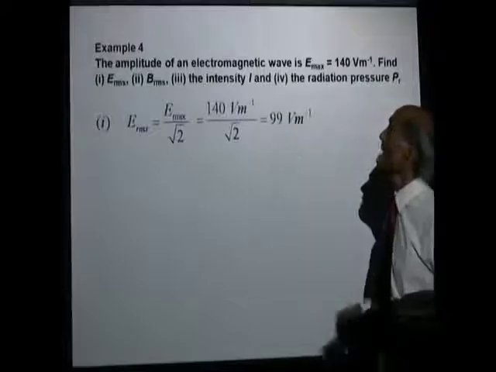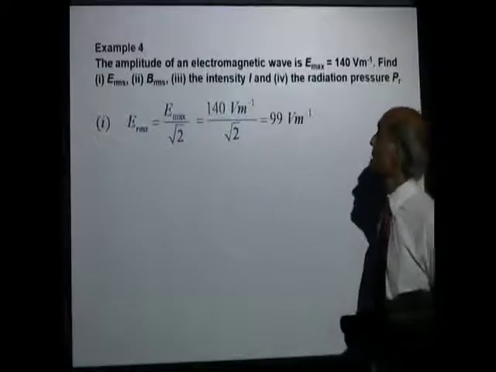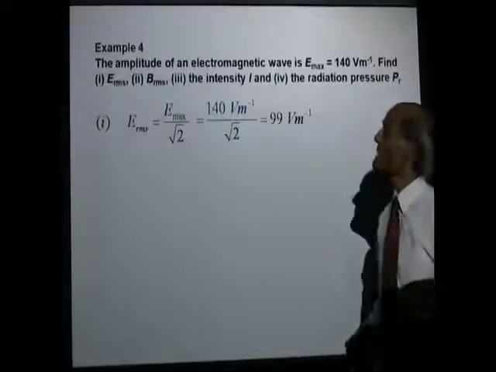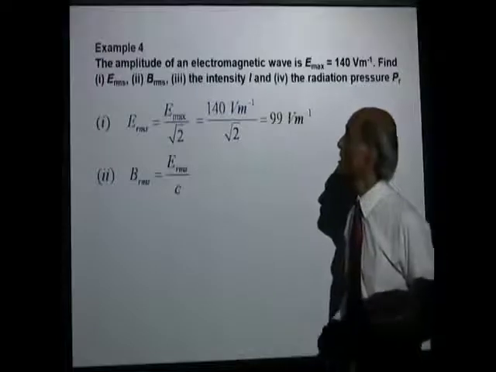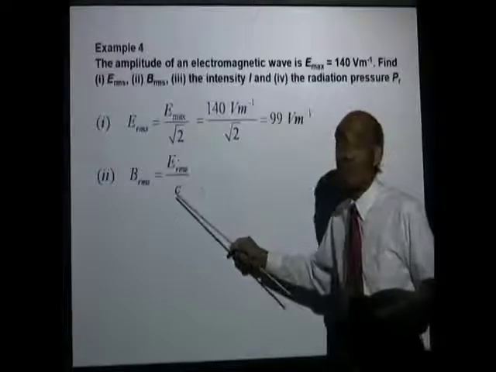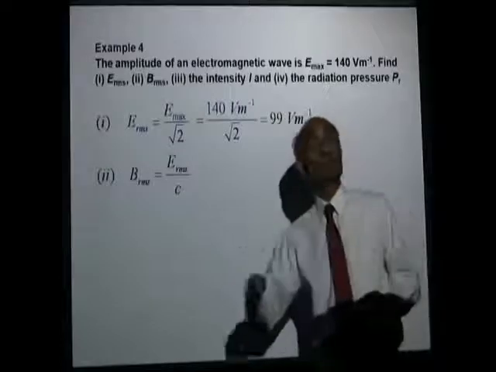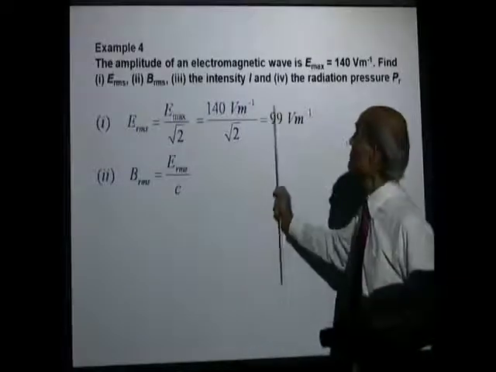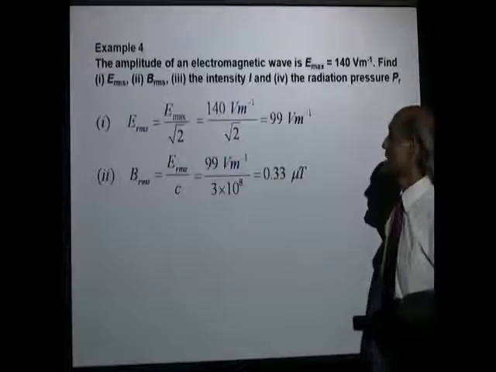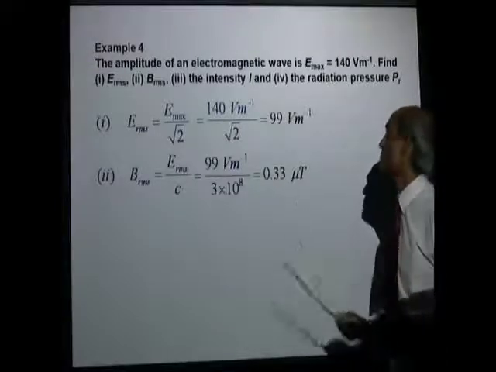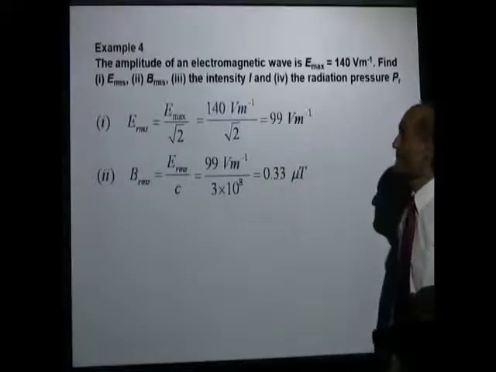Therefore, the RMS value of that field is 99 volts per meter. Now, B RMS is E RMS divided by C. Is that right? Yes, because E equal to CB. So since we have E RMS, B RMS can be calculated as 0.33 micro Tesla.